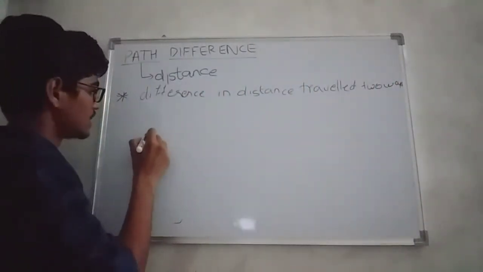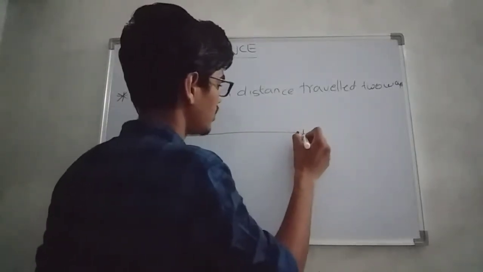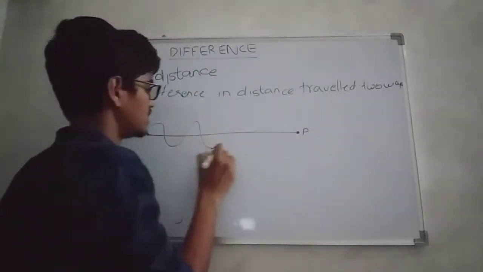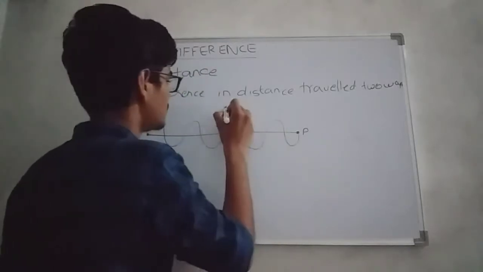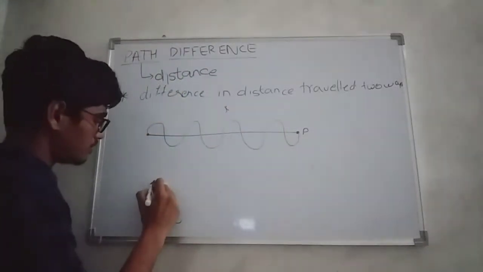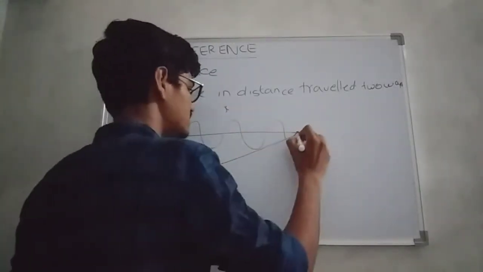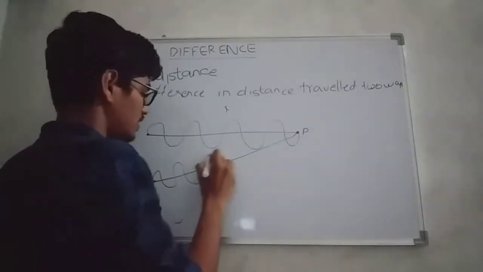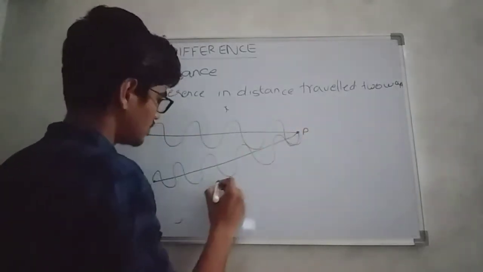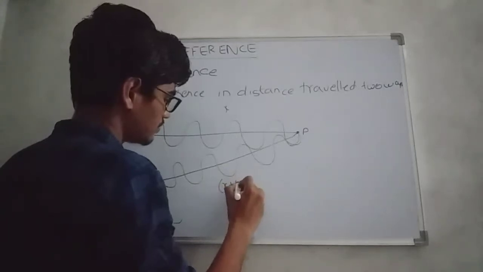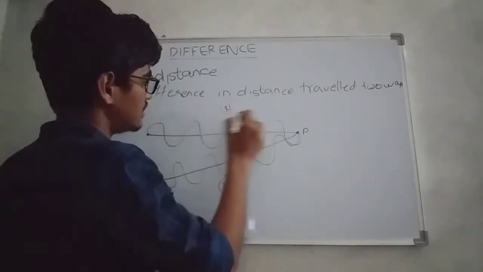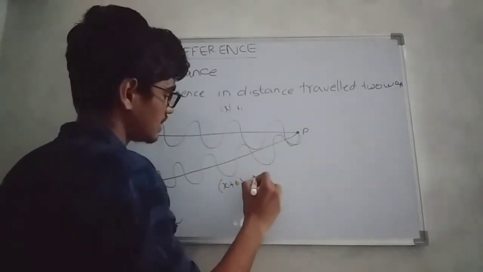Diagrammatically, consider a wave reaches a point P covering a distance x, and another wave also reaches the same point traveling a distance x plus k. Consider this length as x1 and this length as x2.